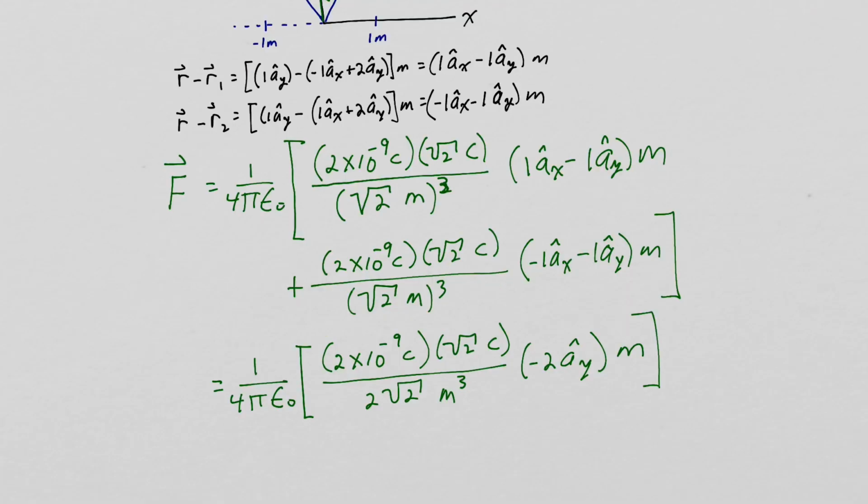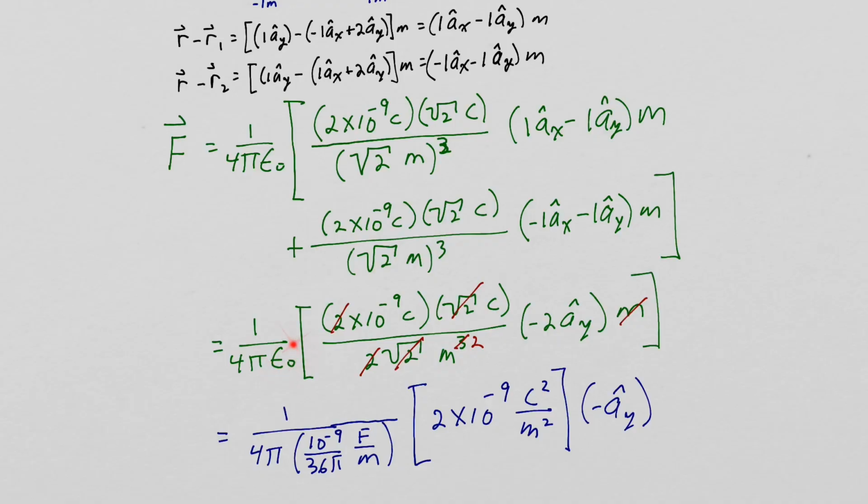After we add those two terms, we see we can cancel a root 2 in the numerator and denominator, a 2, and this becomes a meter squared. So let's substitute for epsilon sub 0, 10 to the minus 9 over 36 pi farads per meter.